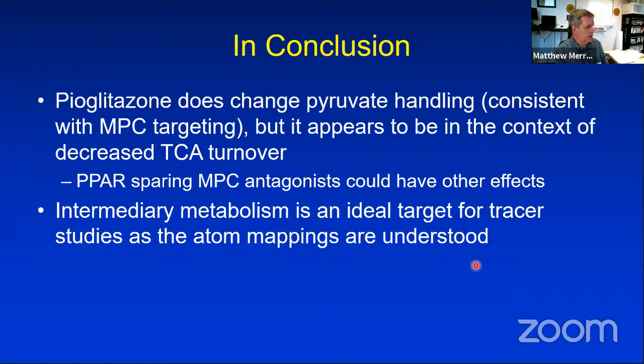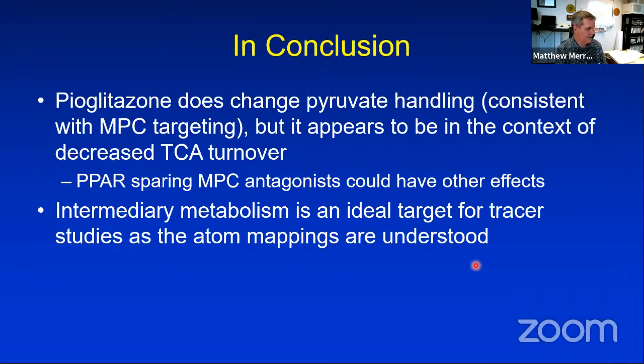So in summary, just kind of an overview of the isotope methods, intermediary metabolism is really an ideal target for tracer studies because our atom mappings are ironclad. We know exactly where everything's going. And so, there's outstanding labs at Yale, Minnesota, in Nashville, at Vanderbilt, all over the place that know how to do these experiments.